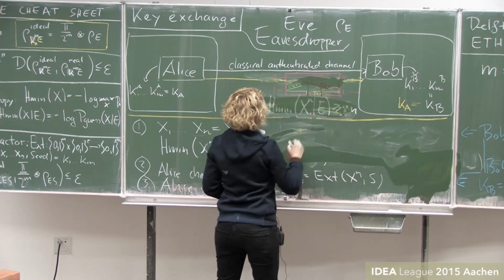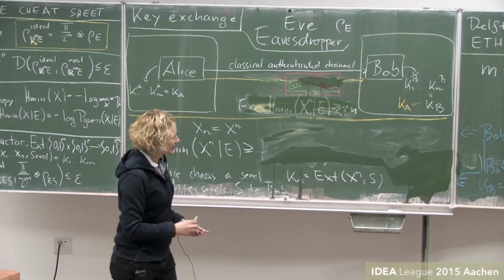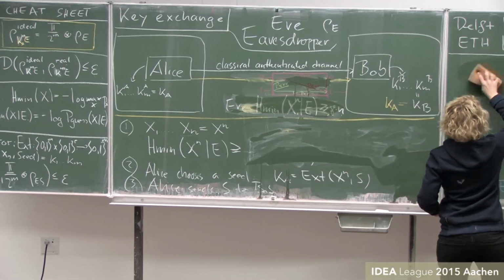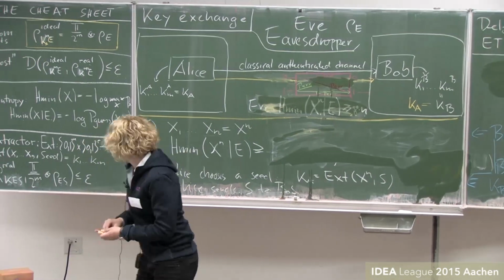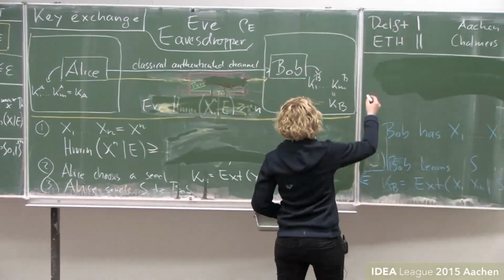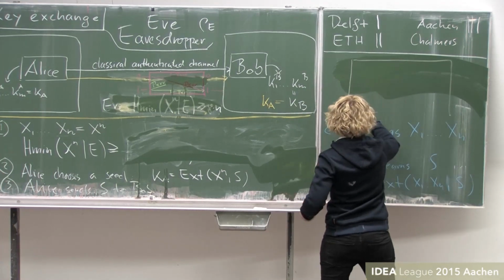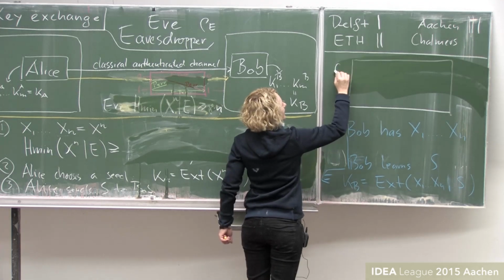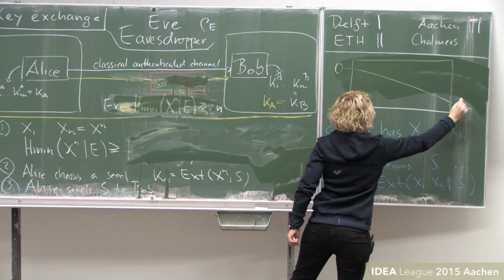Actually, is this readable from where you are? No? Okay, good. Let me create some more space. Let me make this box a bit bigger. So let's imagine that whenever Alice tries to send a 0, it will get flipped with some probability to be a 1.